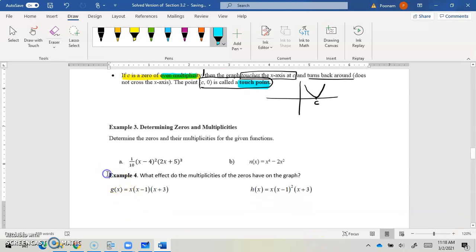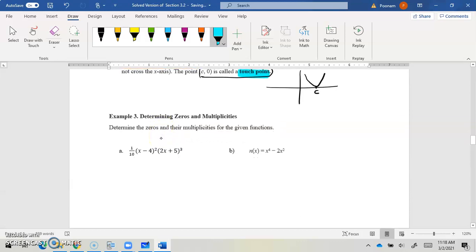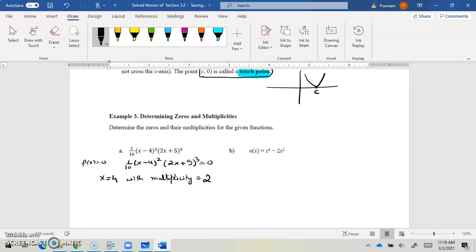Number 3, determine the zeros and their multiplicities and what kind of points they are. So we have this first function. If I put this function equal to 0, I have the equation. My zeros would be x is equal to 4 from the first one with multiplicity 2. Why?